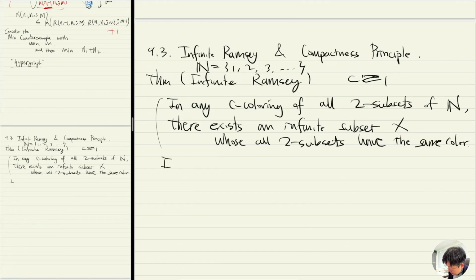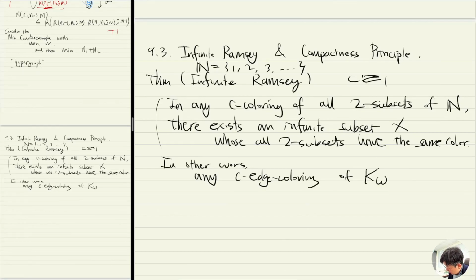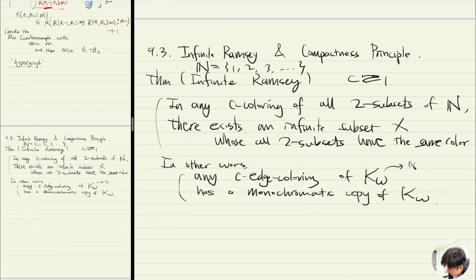Or in other words, any C coloring of K omega, an infinite complete graph on n, has a monochromatic copy of K omega.